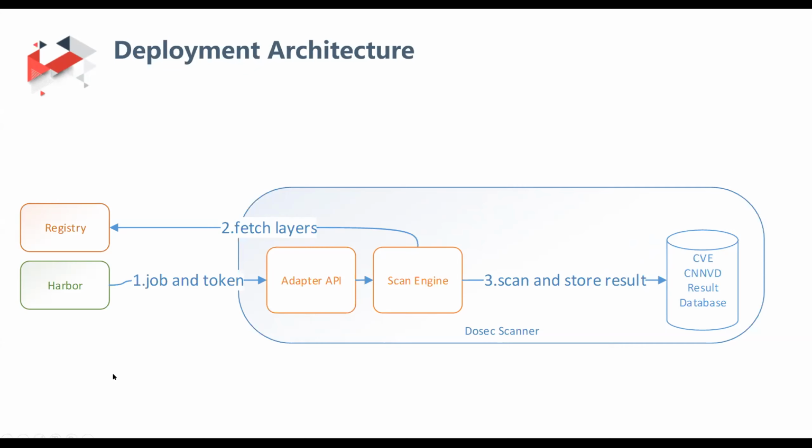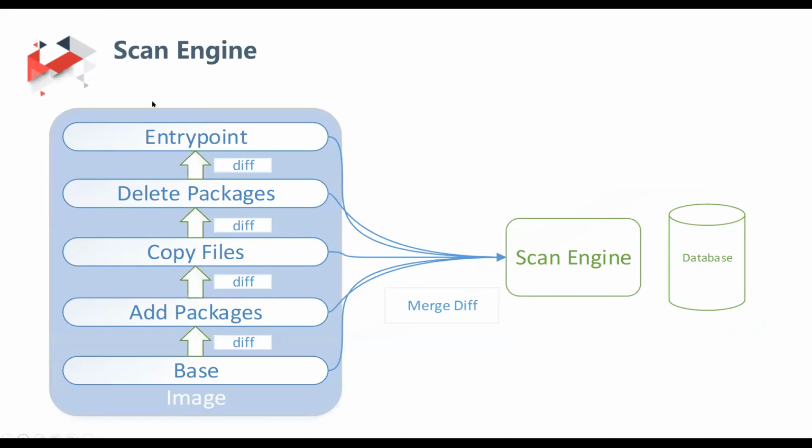Okay, next page. I'll briefly introduce the implementation of scanning. An image is designed in layers, so our scan engine will treat every image as a group of layers, iterate over each layer and detect the package diffs in it.